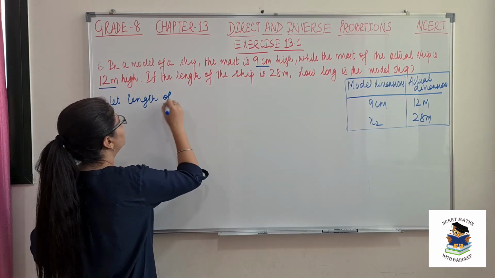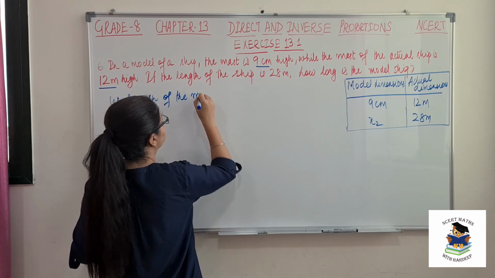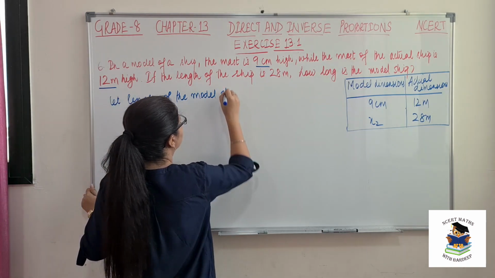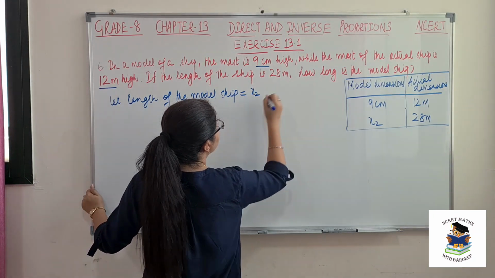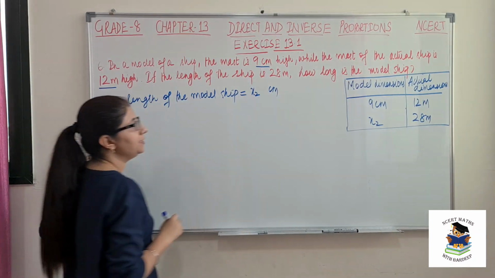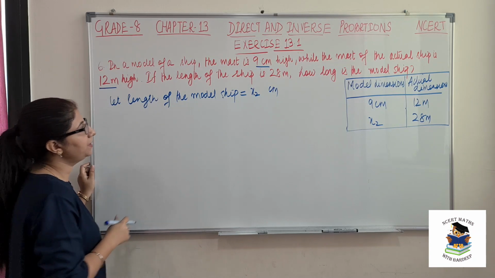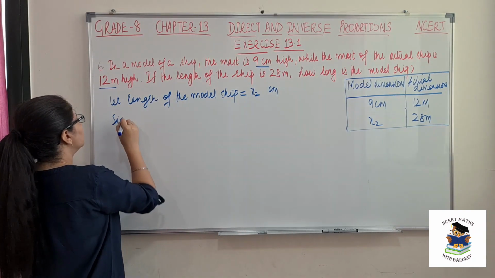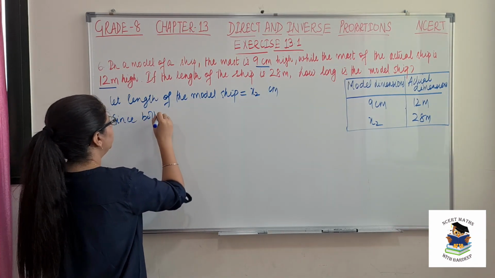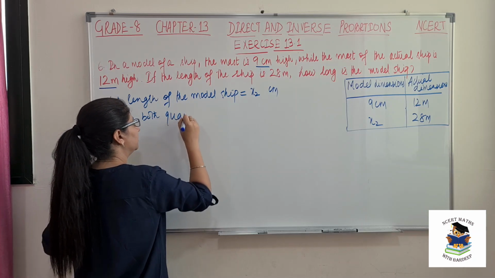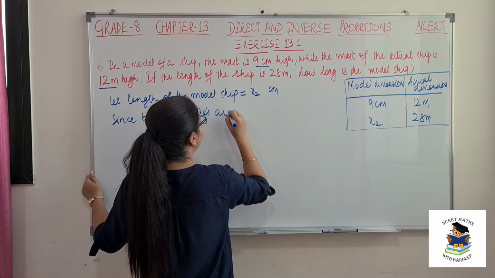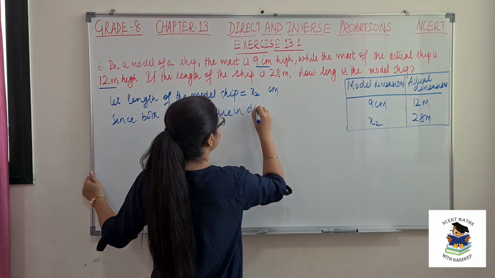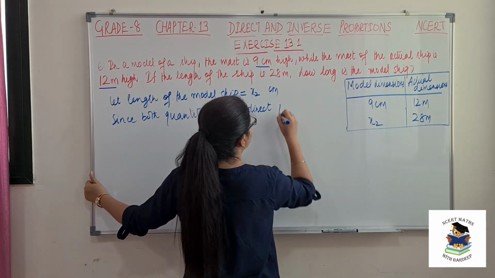So we have assumed, let length of the model ship be x2 centimeter, since model is in centimeters, so we will write the units. Since both quantities are in direct proportion, see this line you have to write for every question.